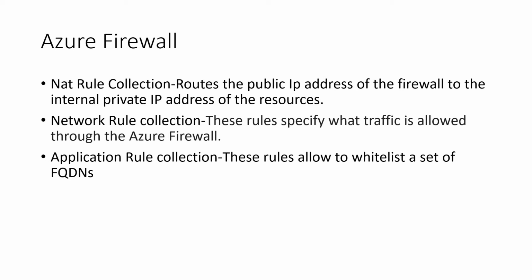For instance, just take an example of, say, you want to access any resources, any virtual machine in Azure from any on-premises virtual machine. So you can access the private IP of the virtual machine through the public IP of the firewall. So that can be accomplished by using the NAT rule collection.